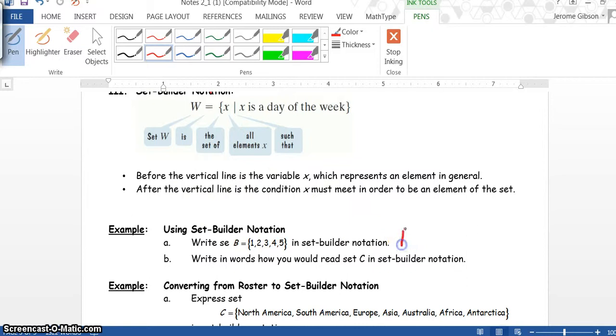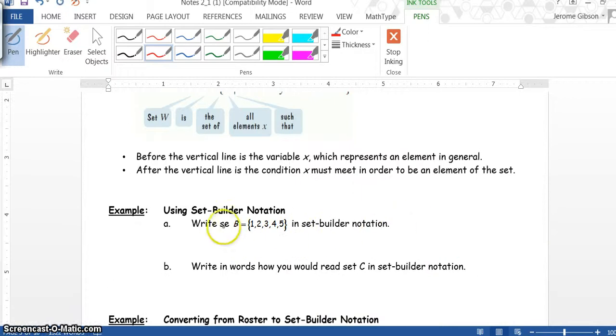So we have B is equal to, we have our brace, and we use X such that X is a counting number. I ran out of space, class, I had to create more room, but we would still go through this.